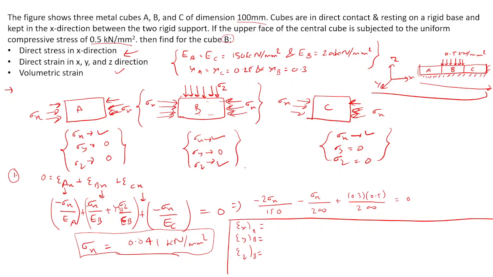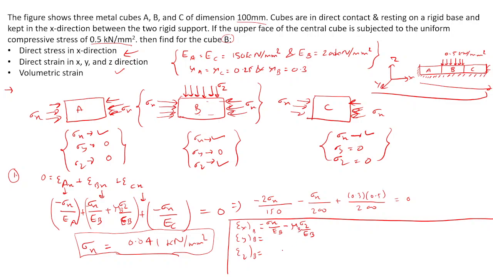So for the x direction in block B, it would be sigma x by EB, and put the sign properly. I'm writing just a general formula, minus mu sigma z by EB. Is it right?